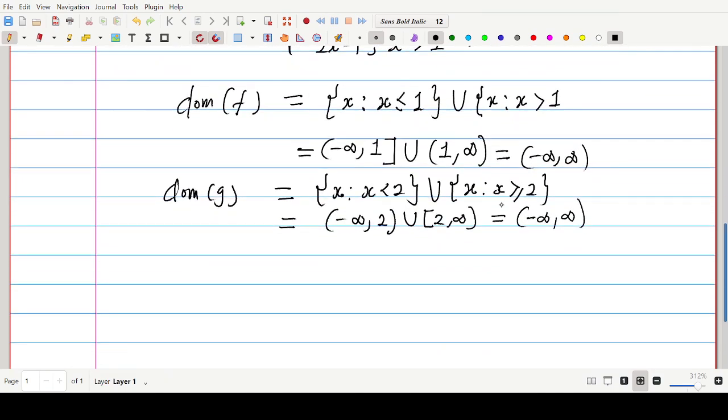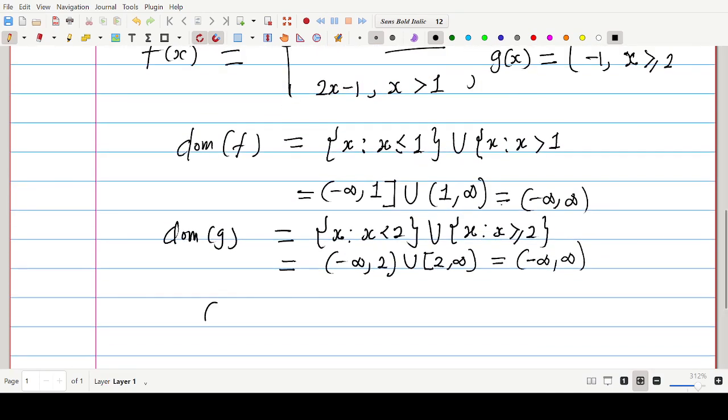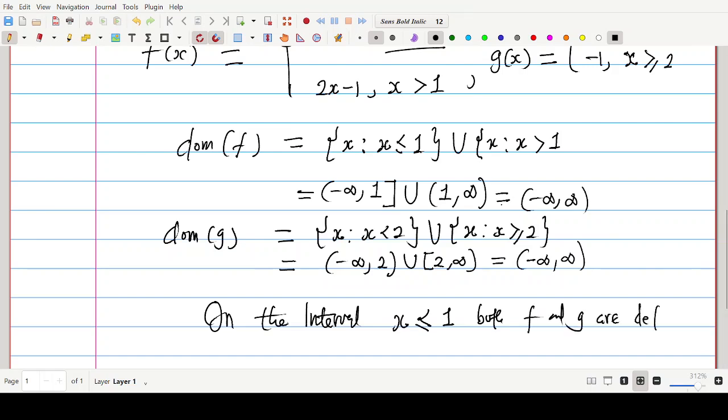It's very, very important. So we can say on the interval x less than or equal to 1, both f and g are defined. All right, both are defined.